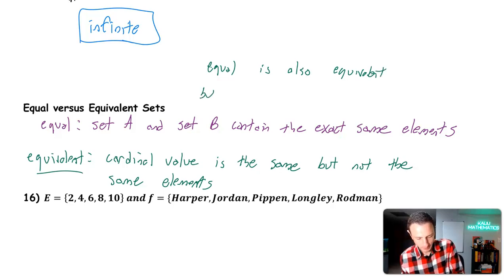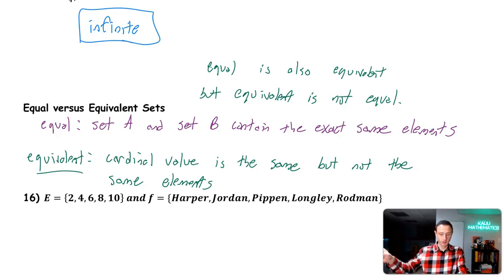But equivalent, sorry, my pen kind of dragged there, is not equal. So if a set is equal, it's also equivalent, but if it's equivalent, it's not necessarily equal. So those don't go both directions. Equal is also equivalent, but equivalent is not equal.